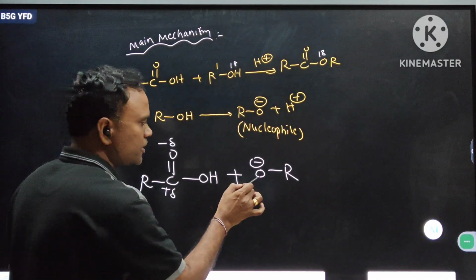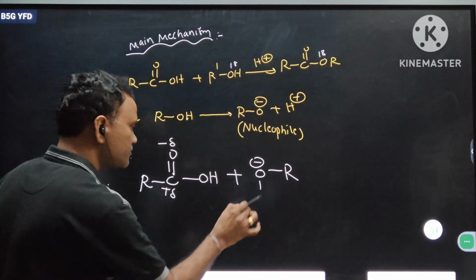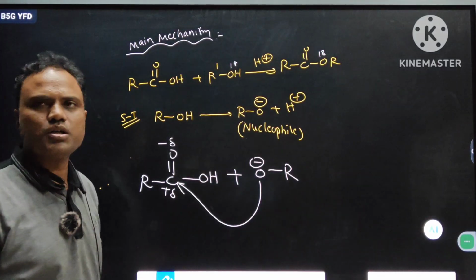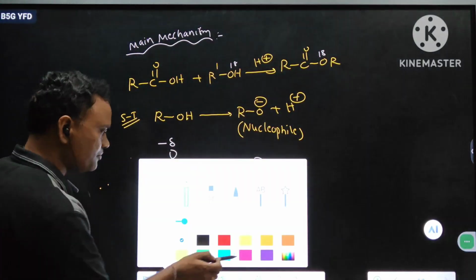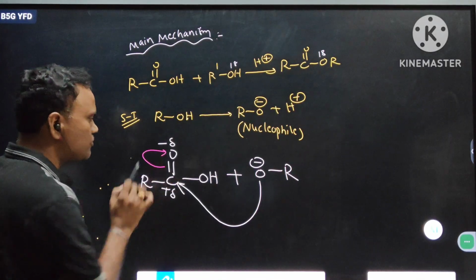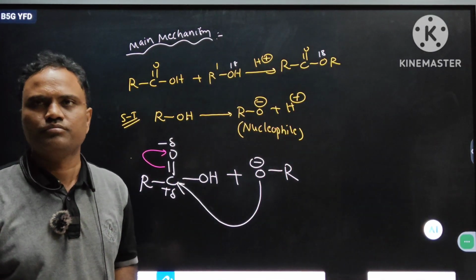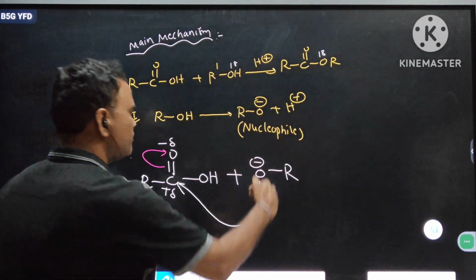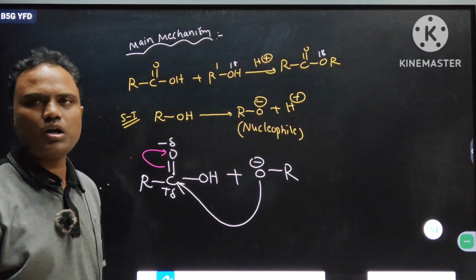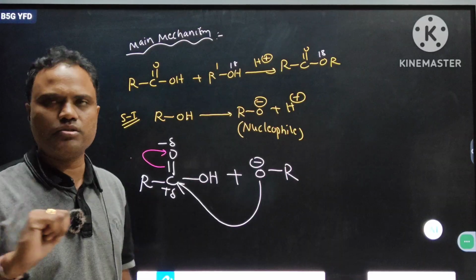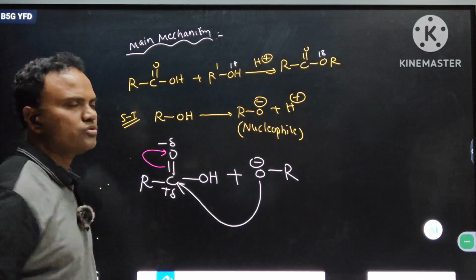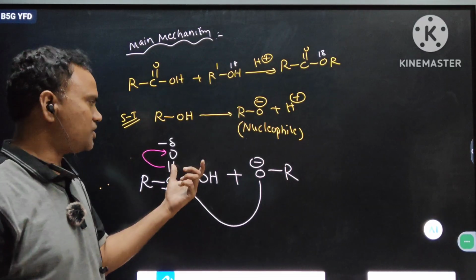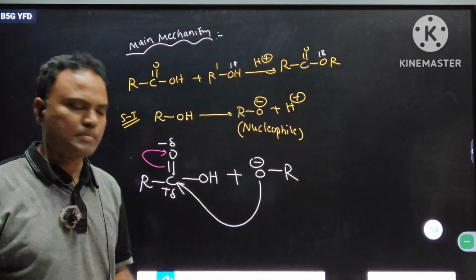Now, this negatively charged oxygen attacks the positively charged carbon. At that time, this bond will shift towards oxygen to balance the number of bonds around carbon. Here one new bond is forming, but around carbon only 4 bonds can be present. That's why one bond will shift towards oxygen and be deposited as a negative charge.